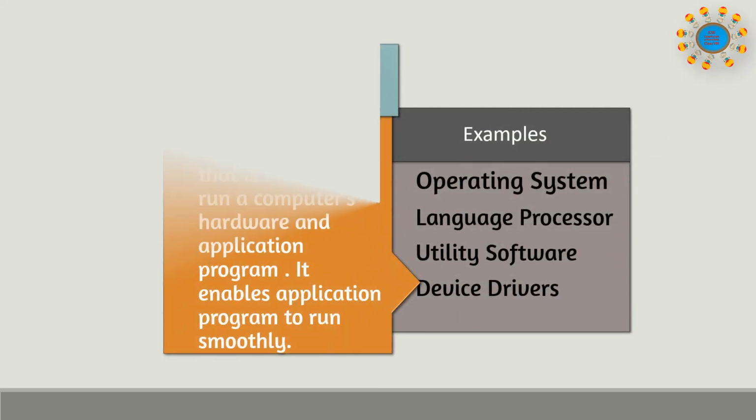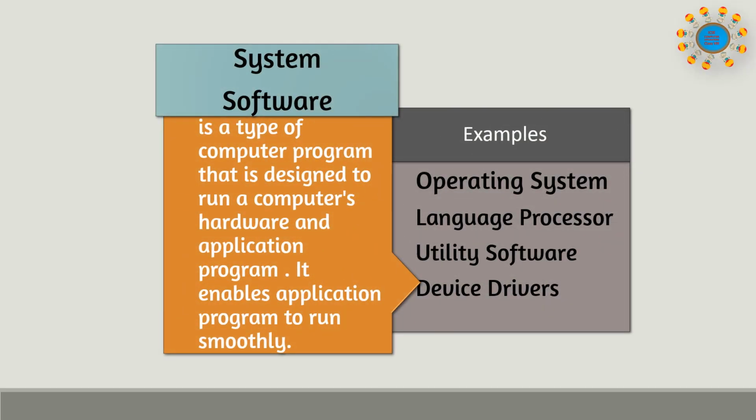System software is the type of computer program that is designed to run a computer's hardware and application program. That means for enabling the computer to work properly, we must have the system software. In this, operating system is also there.